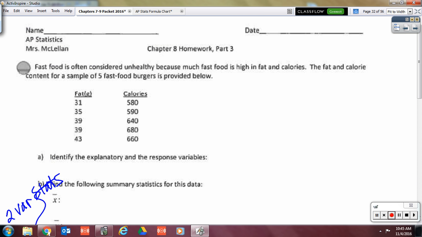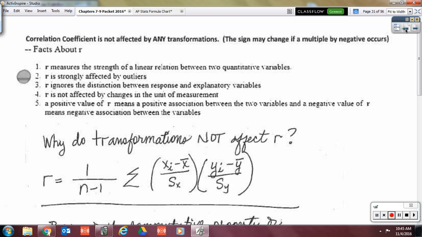All right, final concept of your lesson is about the correlation coefficient R. You know, we're interested in how transformations affect our data. And the interesting thing about transformations affecting R is that nothing affects them except for multiplication by a negative.